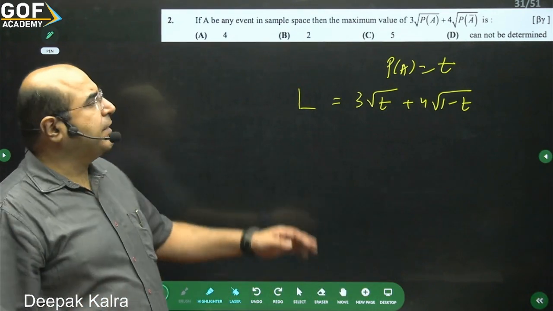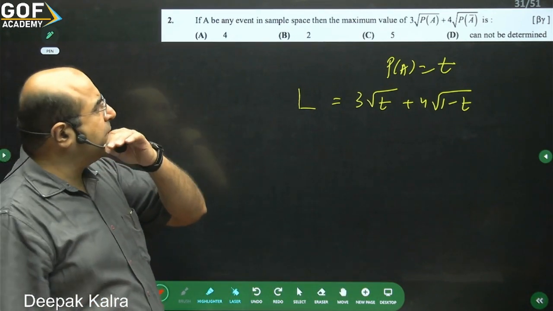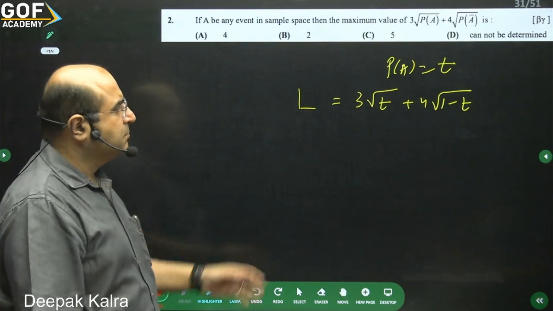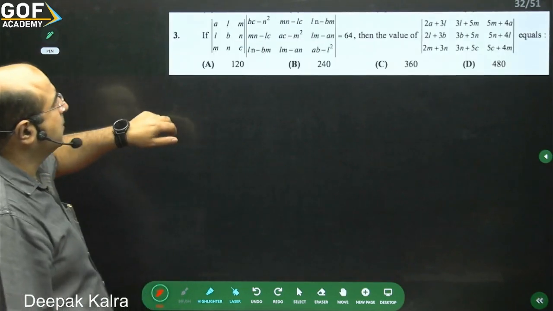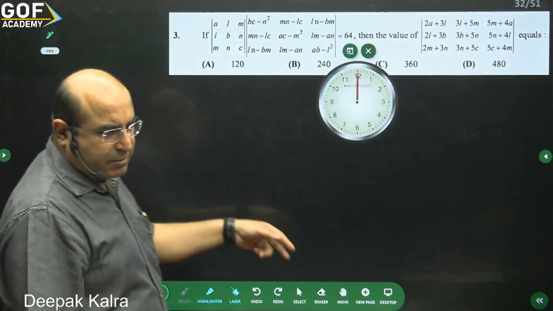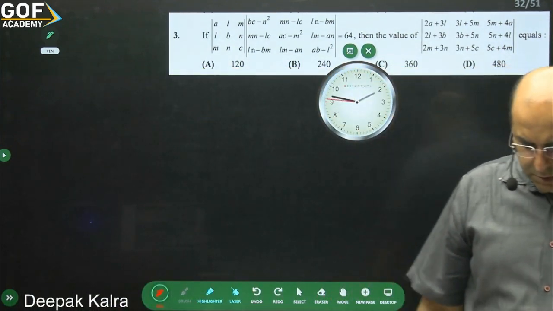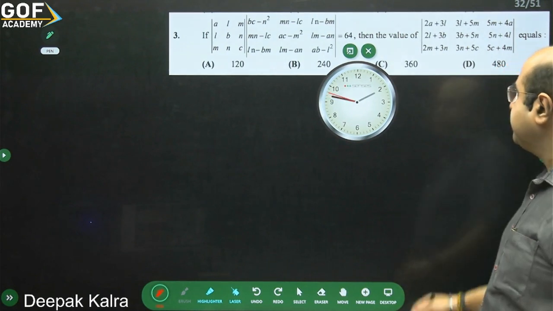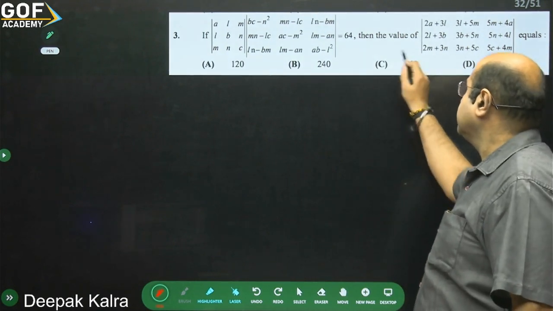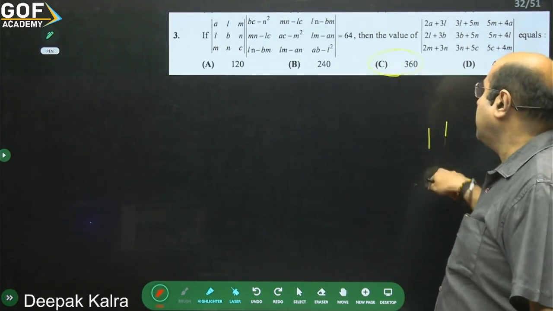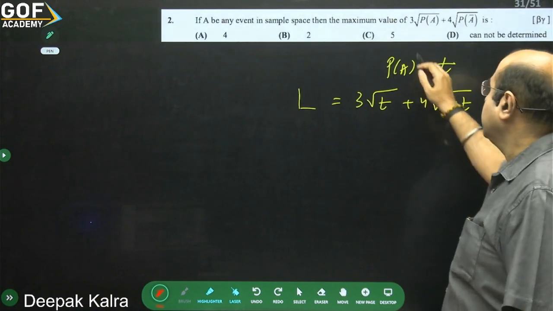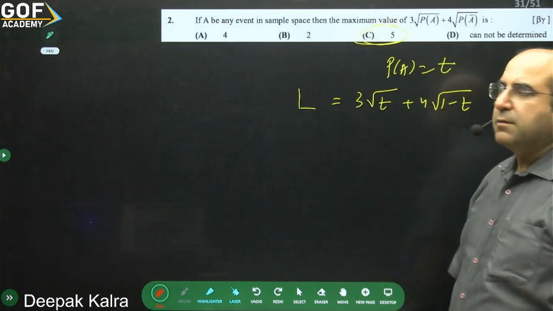Do dL over dT and get the answer. Can you do that? Shall I tell the answer or you are clear with this? Answer is, I think, C. Not this one. This one. The answer is C.